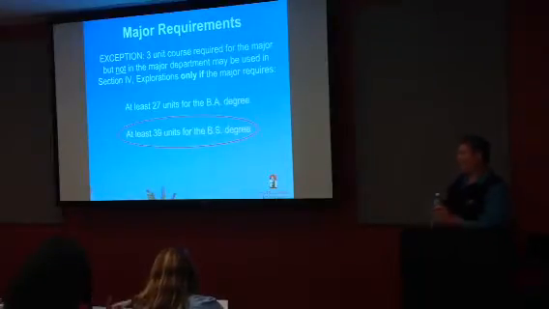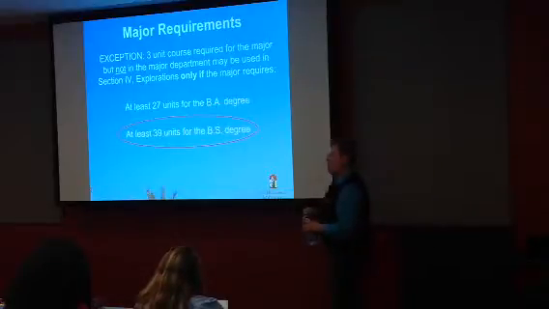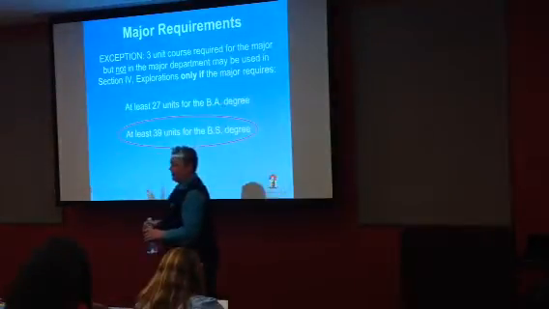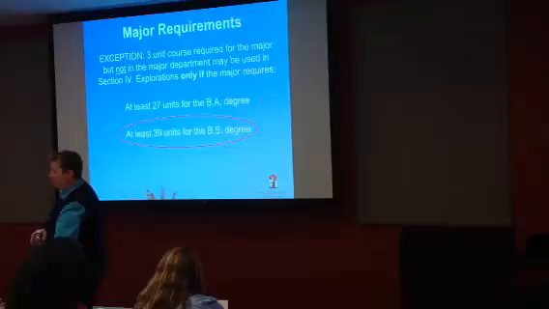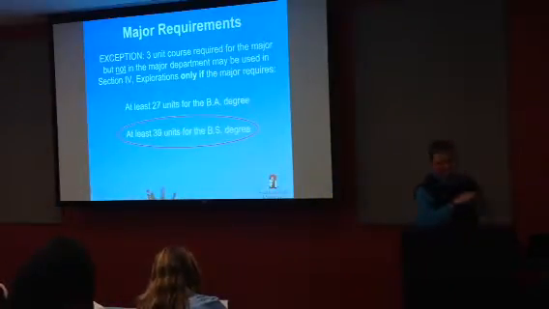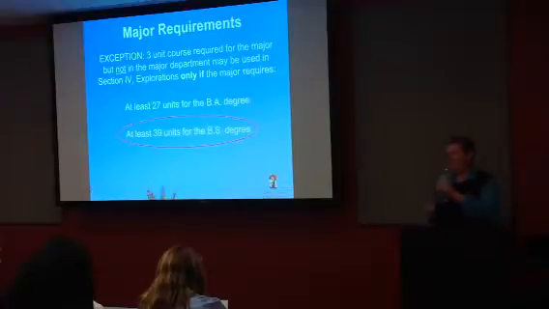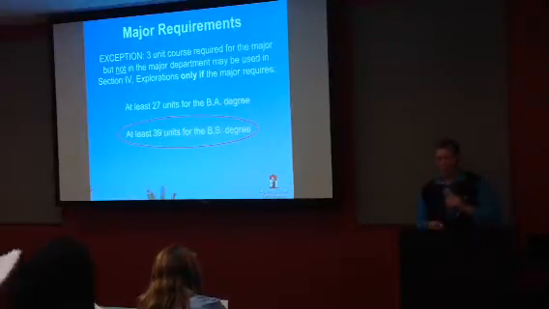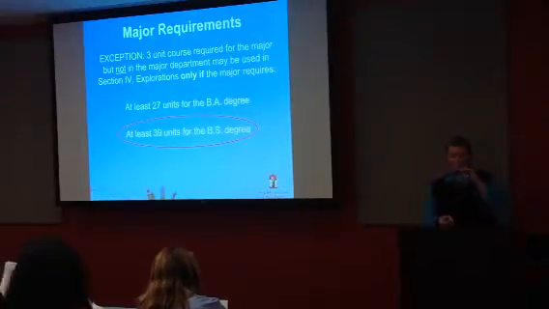Okay, RTM 404. Now you can go back to the explorations, looking at each of the three lists, and you want to scan to see if you can find that. So what explorations does it cover?